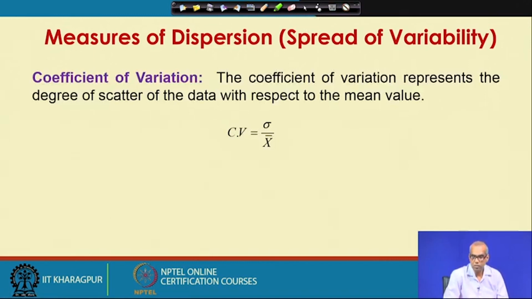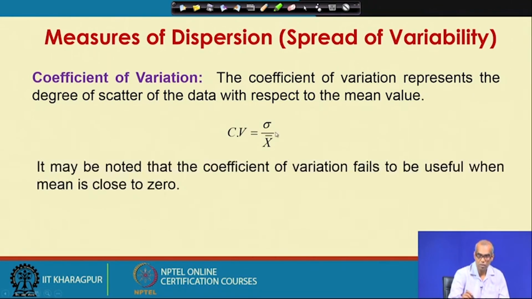Coefficient of variation. The coefficient of variation presents the degree of scatter of the data with respect to the mean value. So, this is the ratio of sigma to mean value.